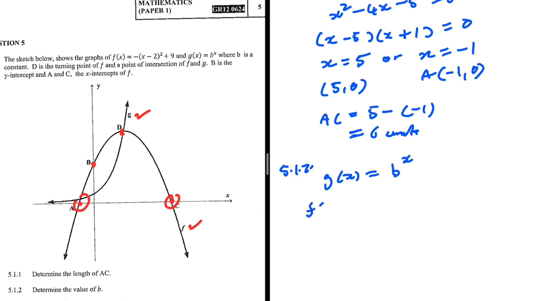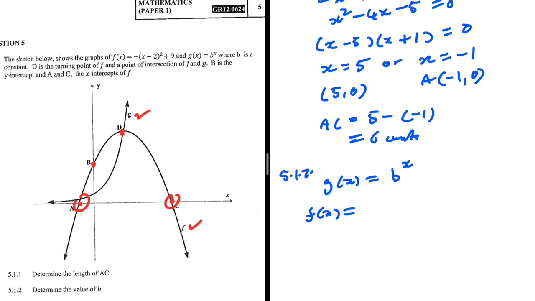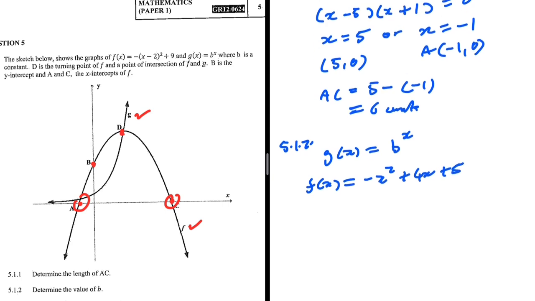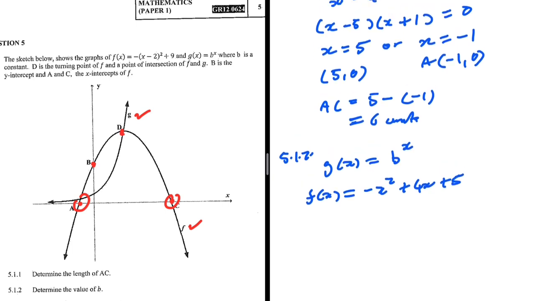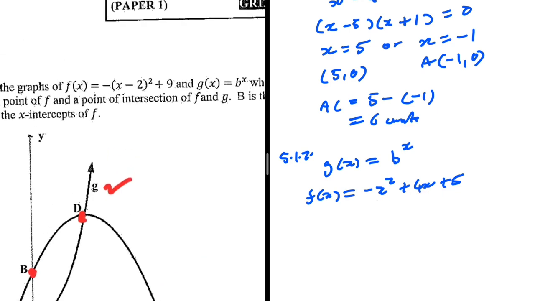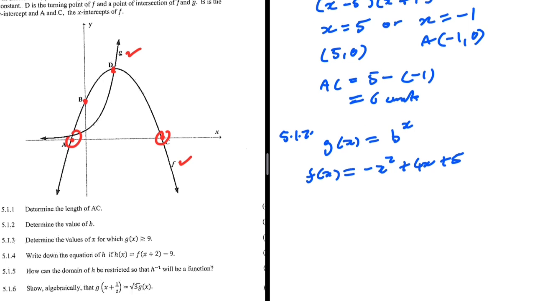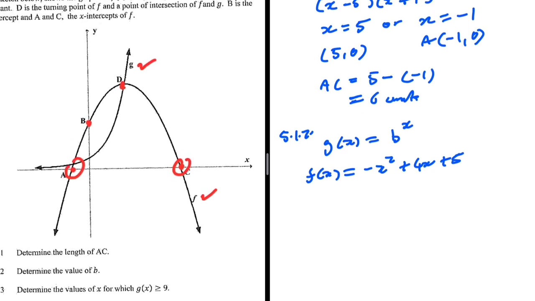Okay, we know that f of x equals minus x squared plus 4x plus 5. I think I'm more comfortable with this form, that general format, compared to the other one. Okay, so we need the coordinates of D. D is the turning point.